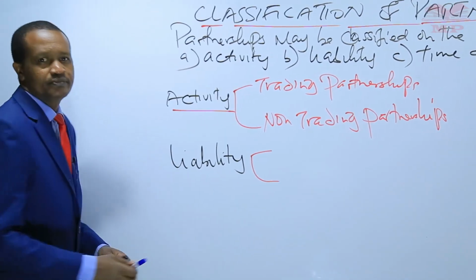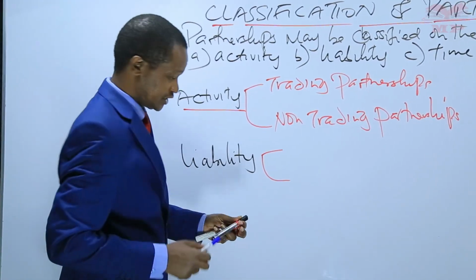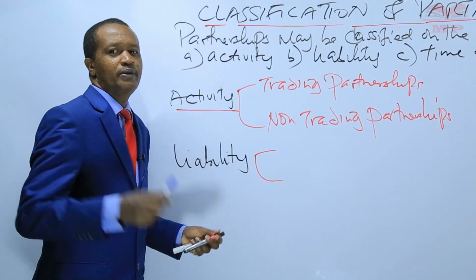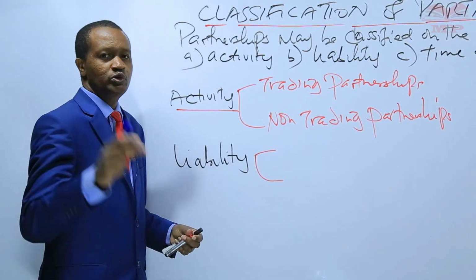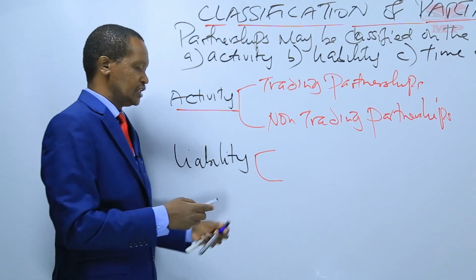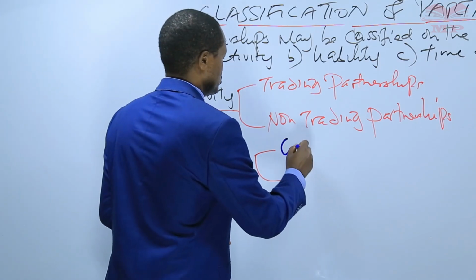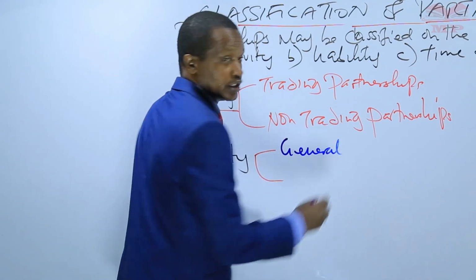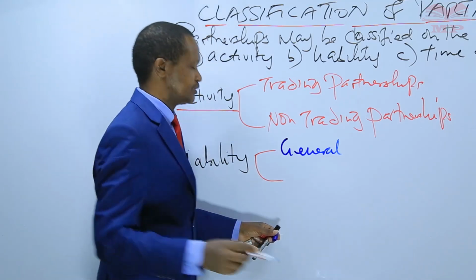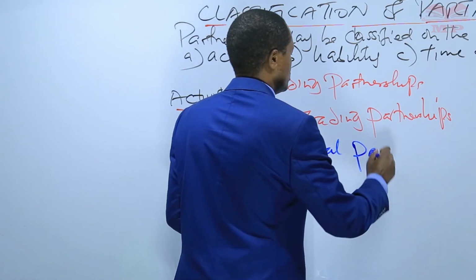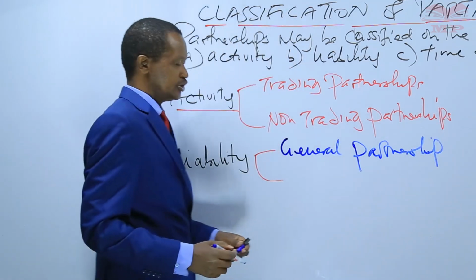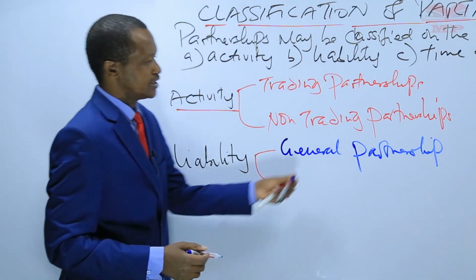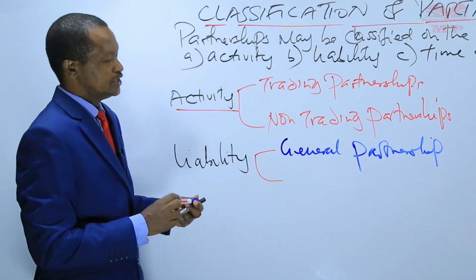Under this mode of classification, partnerships are categorized into two groups. The first group is general partnerships. What are these general partnerships?